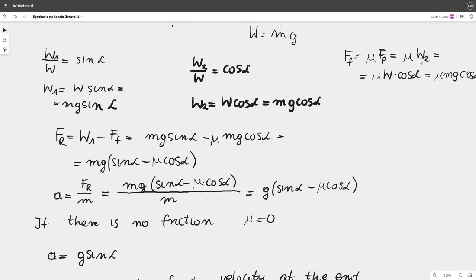Pressure force is equal magnitude of W2. So we can put here m times g times cosine of alpha.